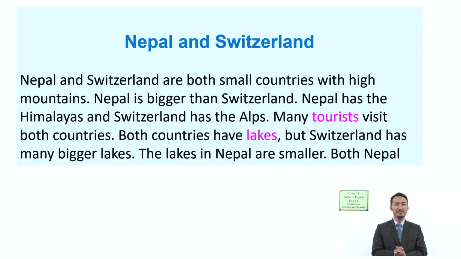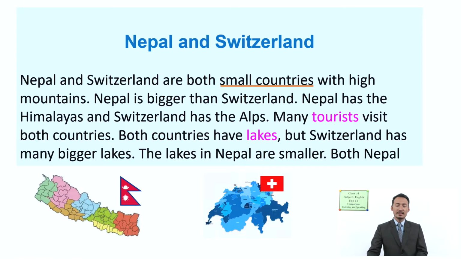So here we have similar comparative words for comparing Nepal and Switzerland, okay? These are small countries. Nepal and Switzerland are both small countries with high mountains. Look at here, comparative word here. Bigger is here. Yes, here we have comparison. Small, they are not big.